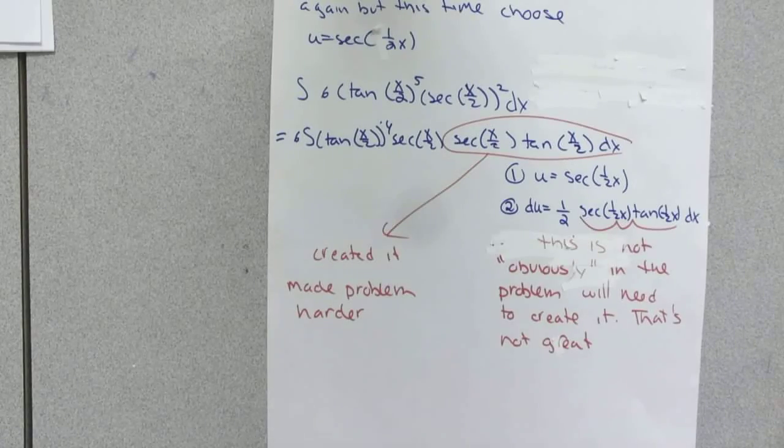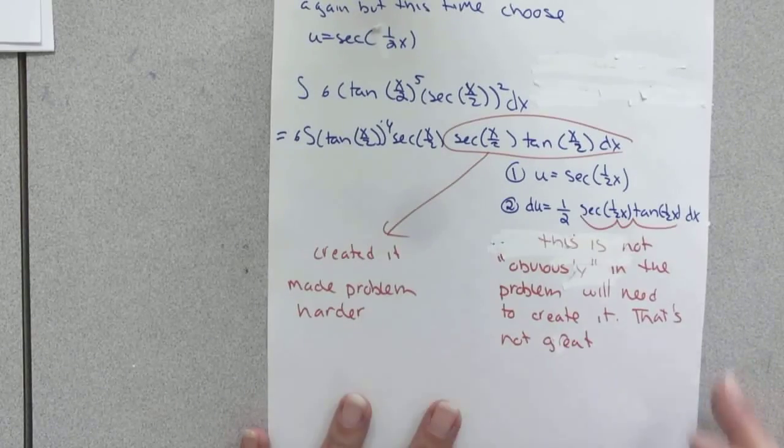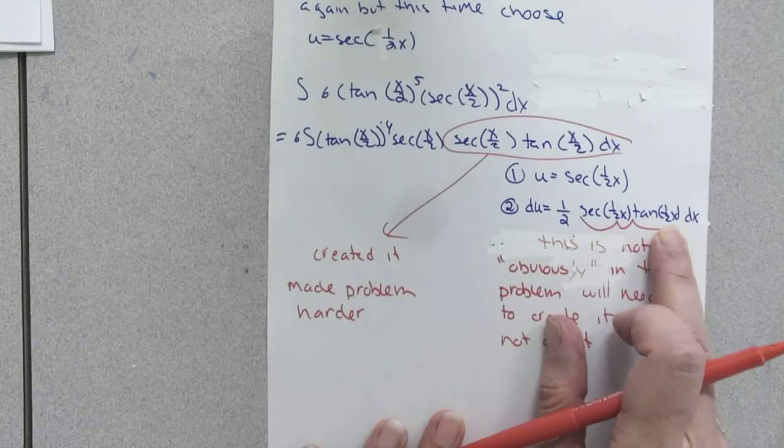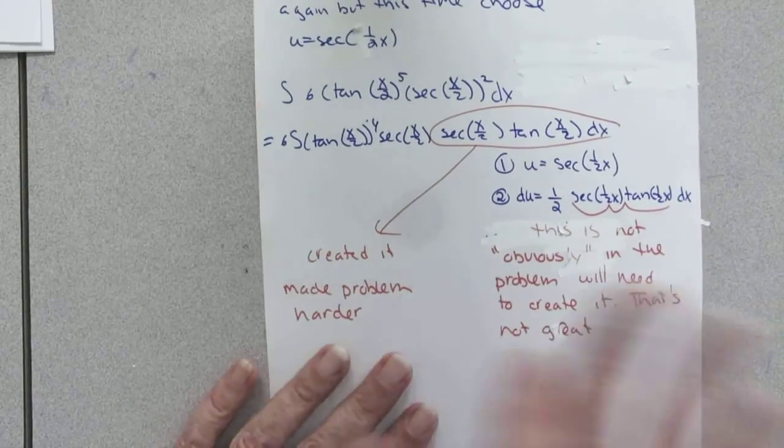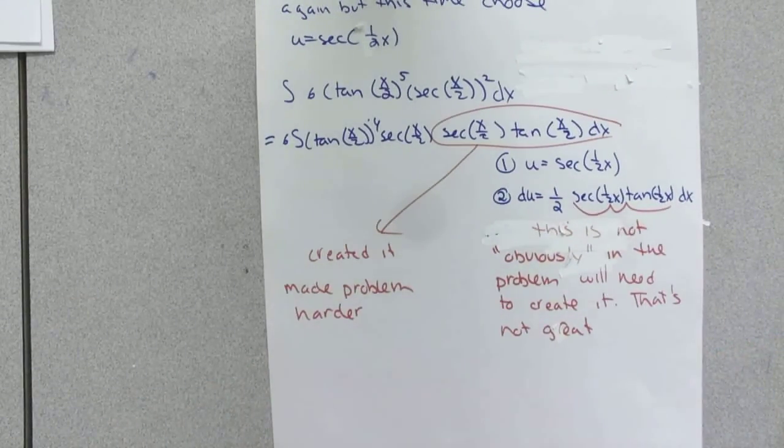So try something else. Now, in this particular problem, we were able to create it, and I could make it work, but that wouldn't be the way I really wanted to go on this problem. So we will stop on this one because we already did it. We did it in a much easier way. Okay, next problem.